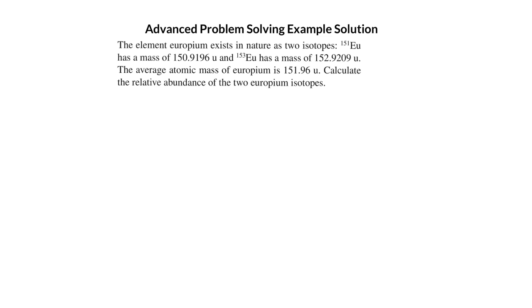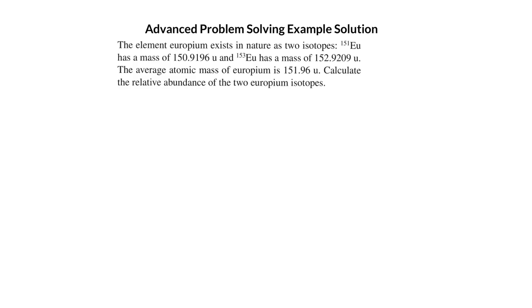Let's see how you did on your practice problem with these new strategies that we learned about. Our problem says that the element europium exists in nature as two isotopes.